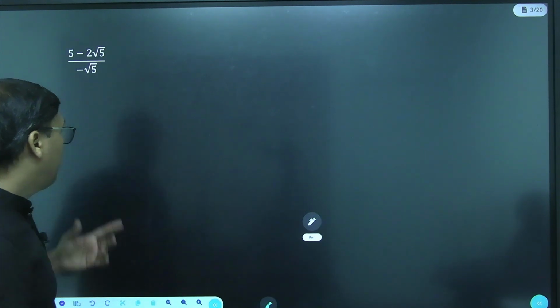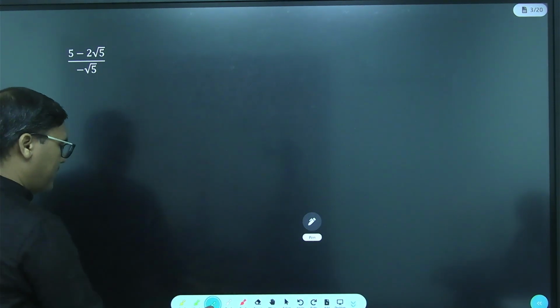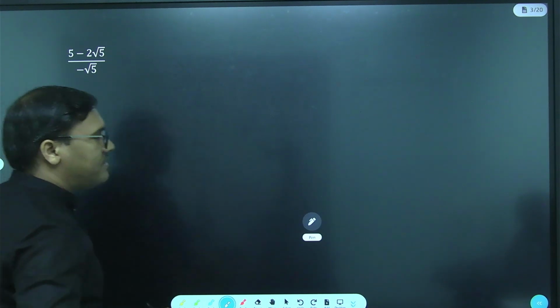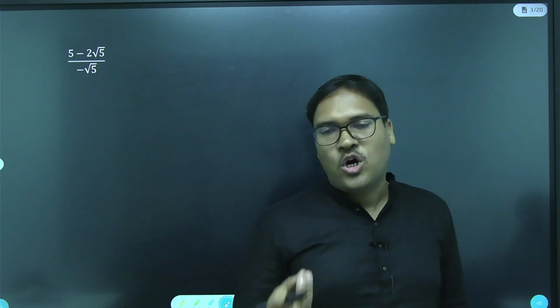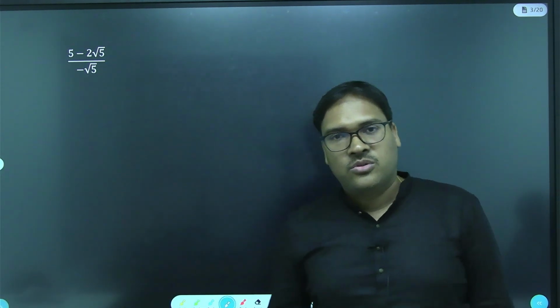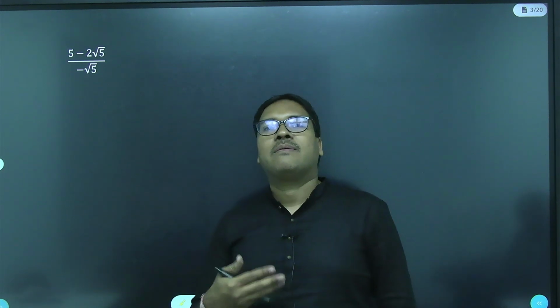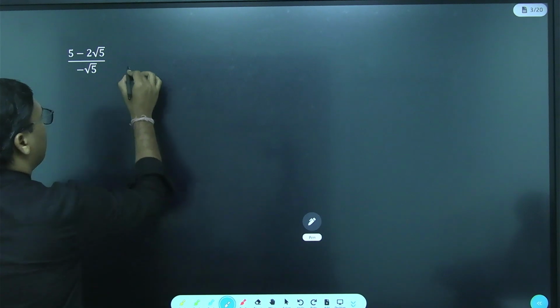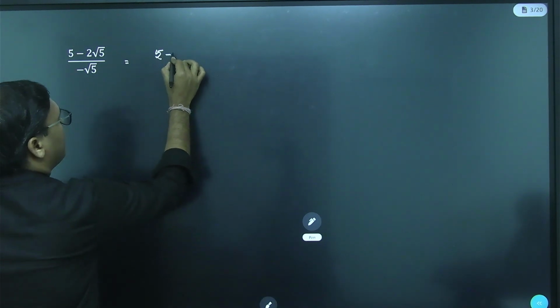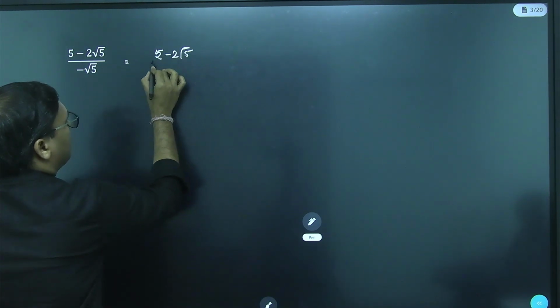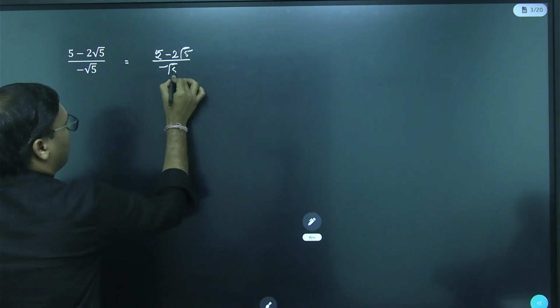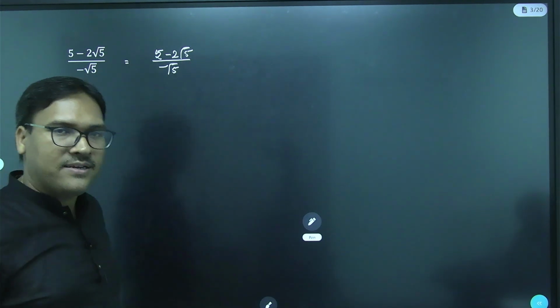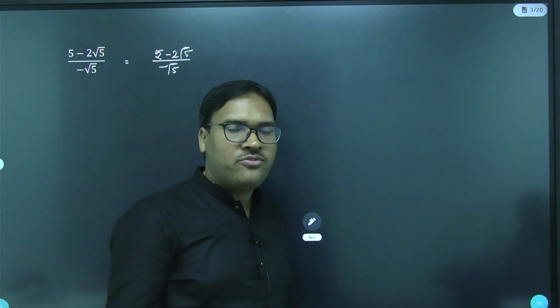Let's take up one more question here. In this question again I have to just rationalize this. In the denominator you have root 5. So for rationalization you will multiply and divide by root 5. Now you can multiply with minus root 5 also or root 5 also, both are correct.